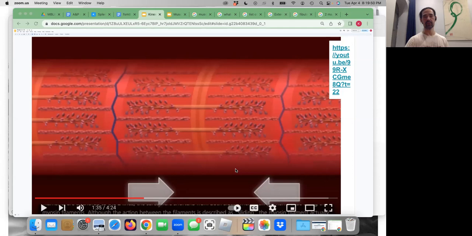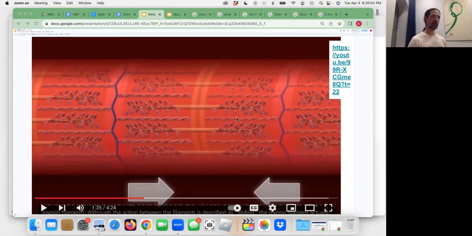So as a result, you have small sections that contract one at a time, and sometimes we want them to contract all together, like a short muscle in the palm of your hand, or some of the small muscles in your face. You want the whole thing to contract all together.